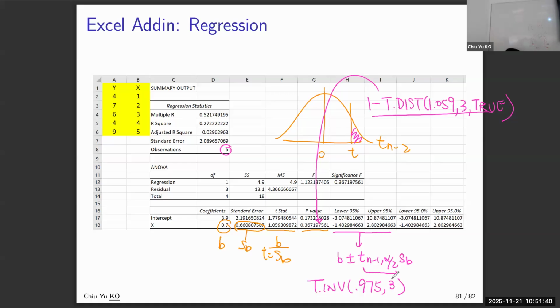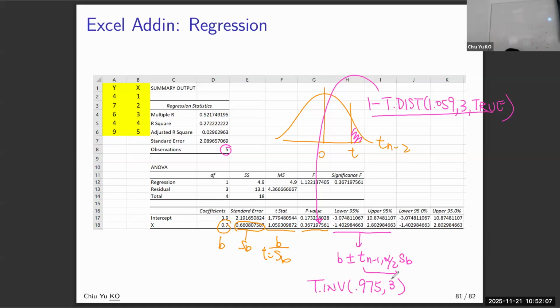Why? Because the degree of freedom is n minus 2. The simplest idea is that because you estimate A and B, you lose 2 degrees of freedom. Basically, depending on how many parameters you estimate, you subtract that from n. That's why it's n minus 2. Of course, that is a shortcut, and you have to prove it by math, but we don't do the math.